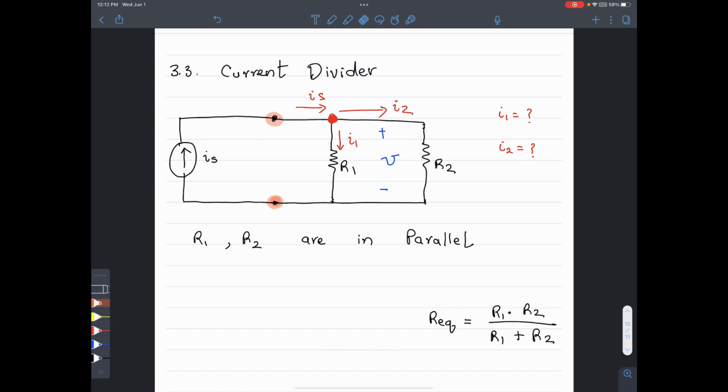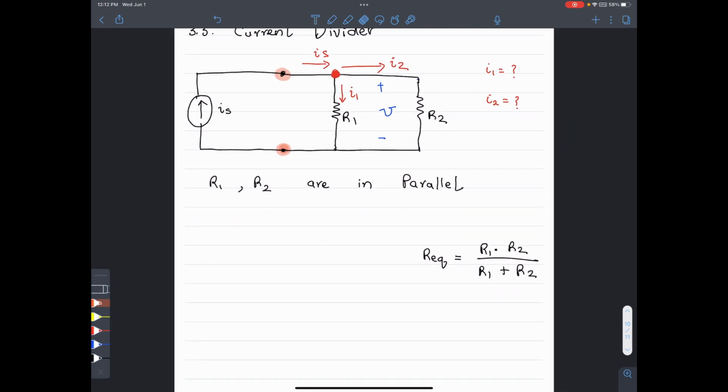Now, we are interested in finding out I1 and I2. The voltage dropped across R1 is the same as V, and using Ohm's law, that is I1 times R1.